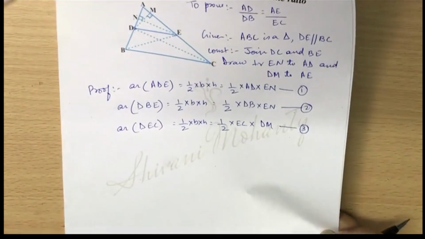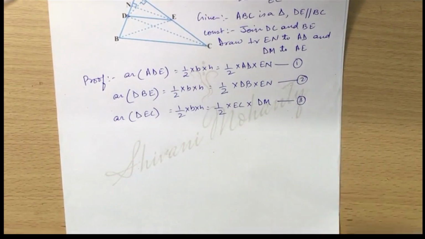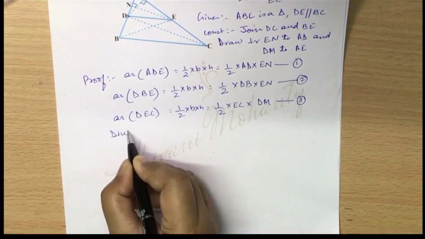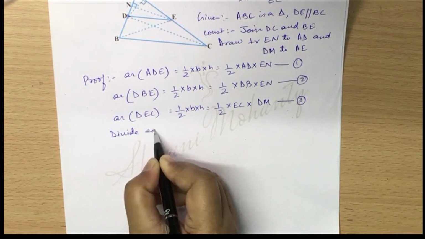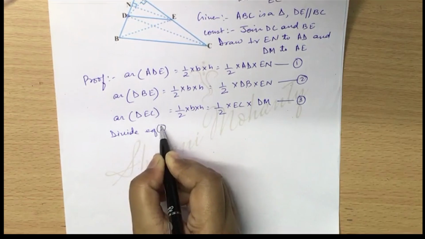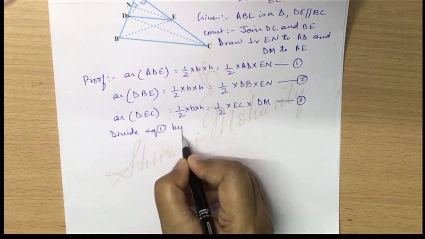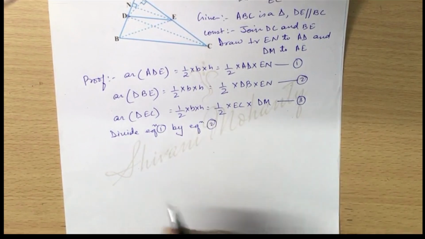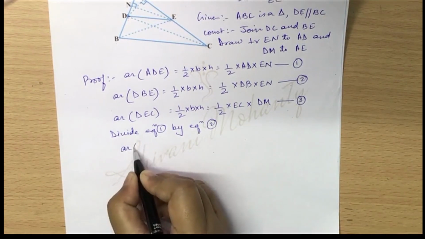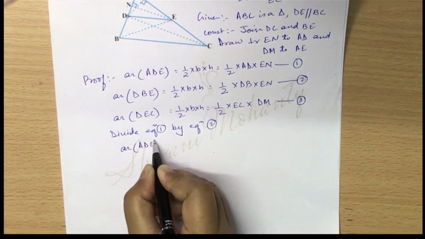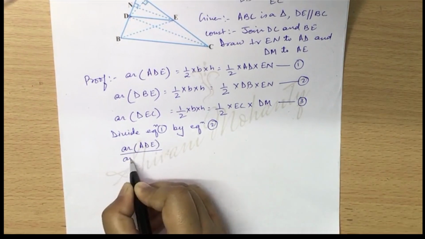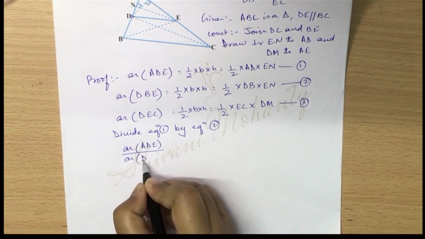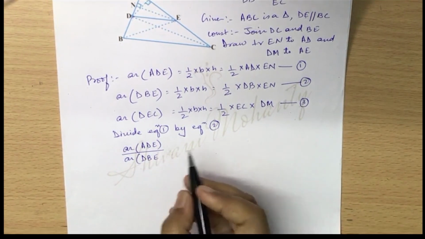How will I be using them? Let us find out. Divide equation 1 by equation 2. So area ADE by area DBE.